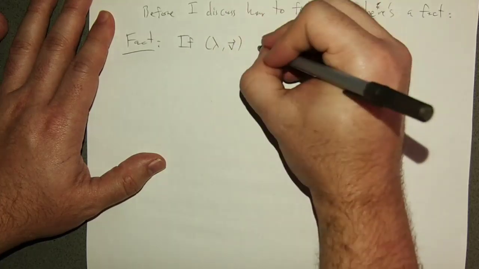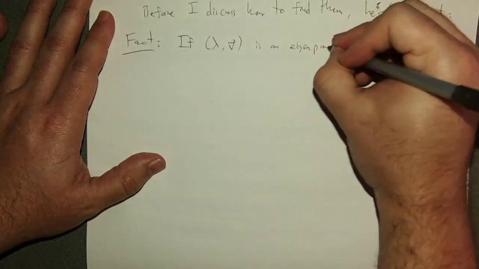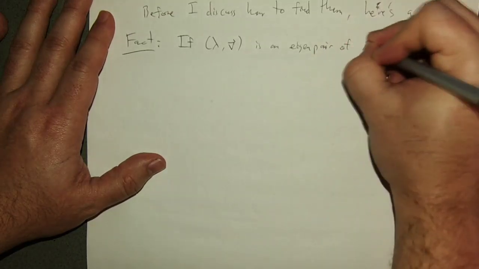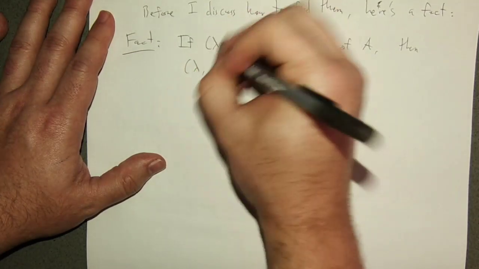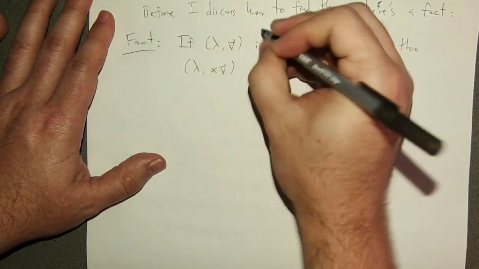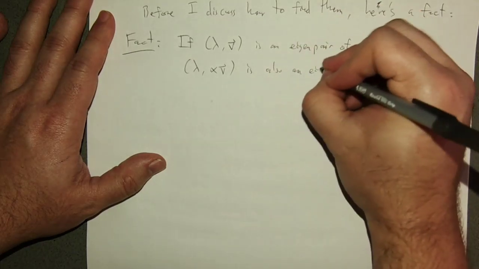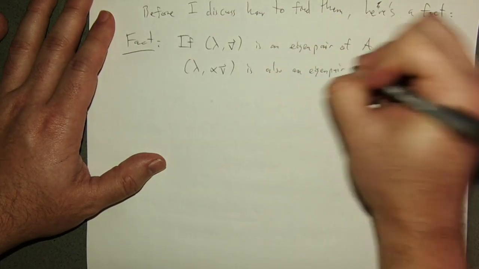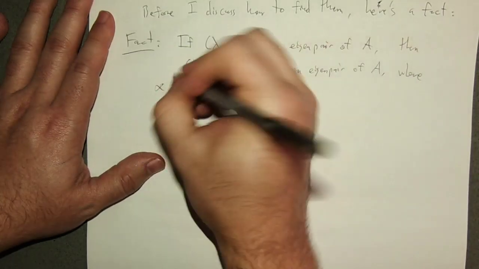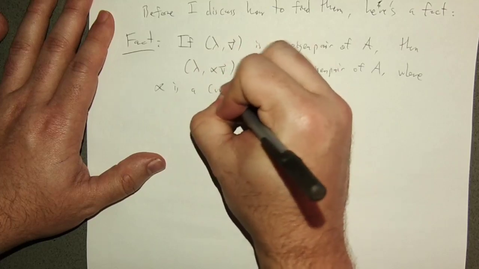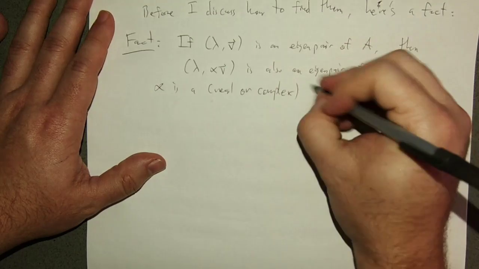If lambda, v is an eigenpair of A, then lambda, alpha v is also an eigenpair of A, where alpha is a real or complex scalar.